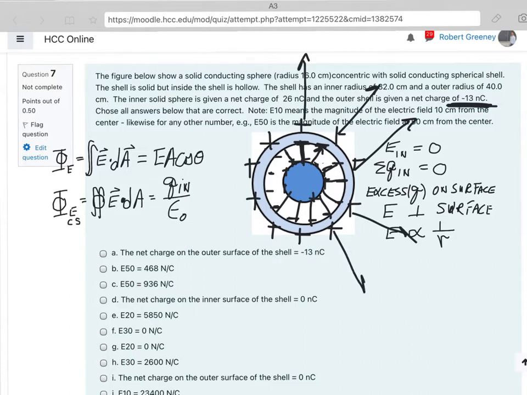And when you add it all up, it makes sense, because the total charge inside here is a positive 26 and a negative 13. And when you add those together, you get a positive 13, and that's what we have.